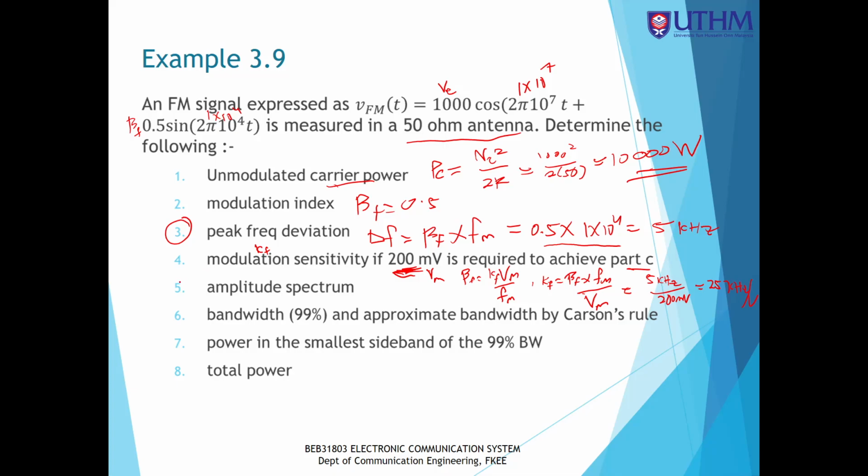And then, draw the amplitude spectrum. You need to refer to the table, then you can get the values, because this is beta F 0.5.